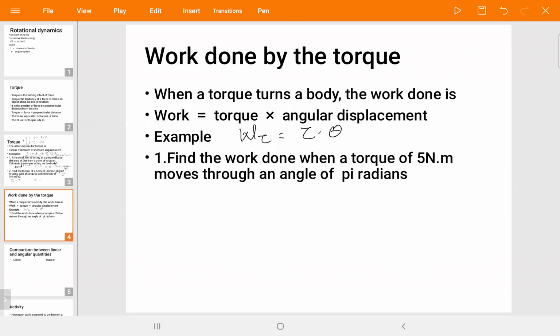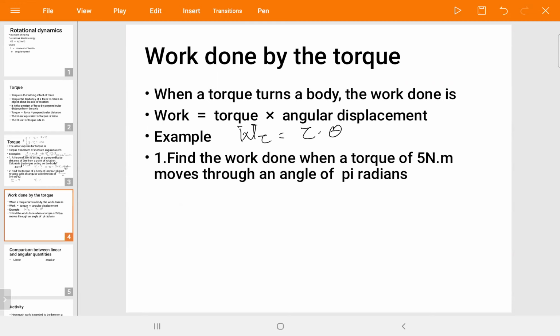To get the work done by a rotating object, what we need is the amount of torque, which is a product of force and the displacement, and the turning angle, which is angular displacement. Let's see an example.